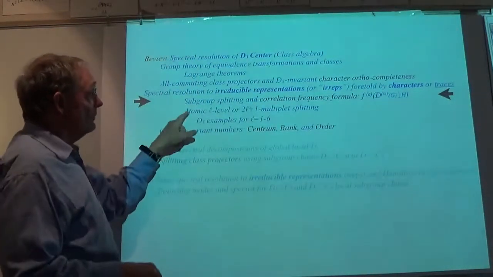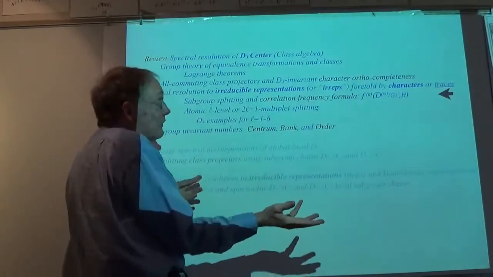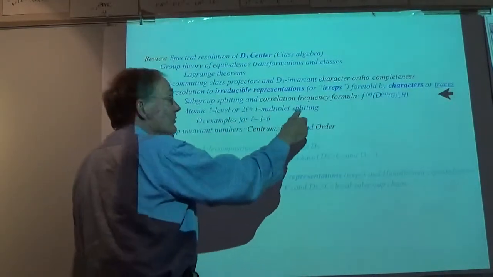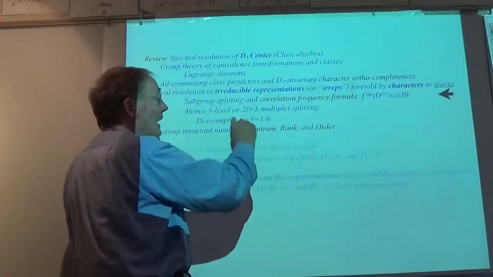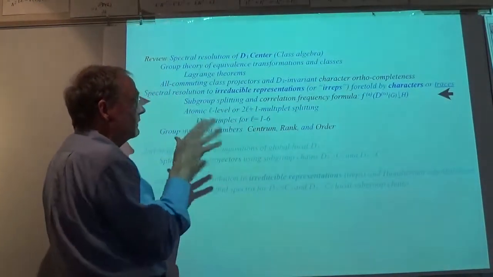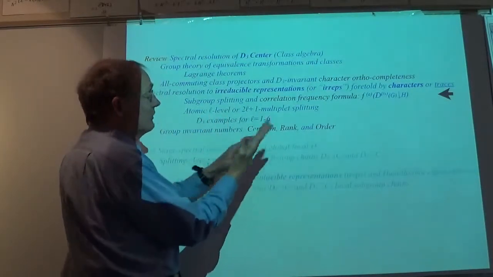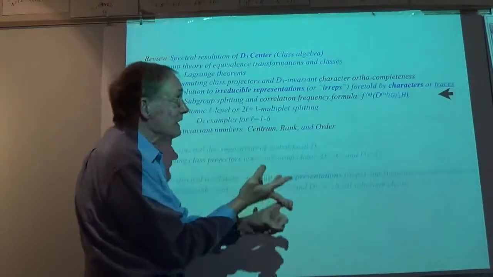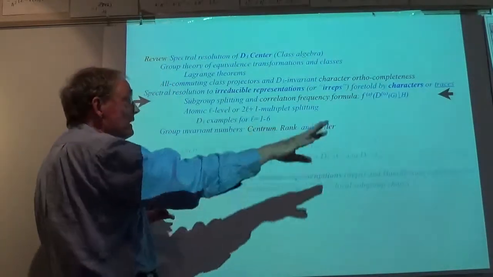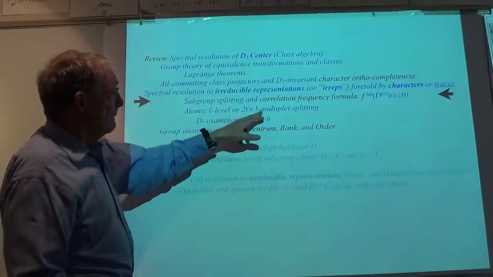And then we're going to use that to see what sort of splitting, that's what reduction gives you, of a degeneracy you get, what some multiplet of an atomic level will give you that is labeled by the D3 representations, A1, A2, and E. That's all you've got.